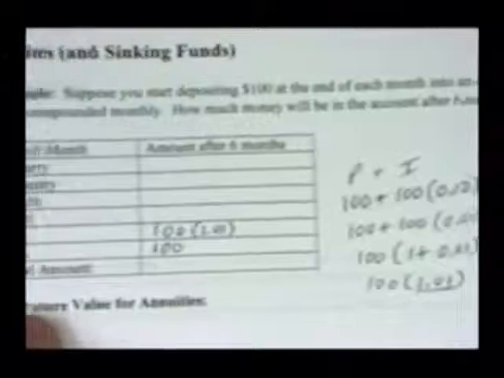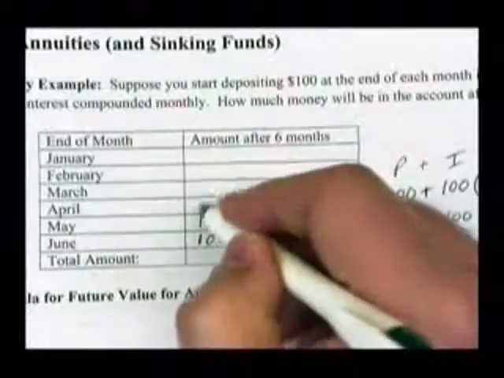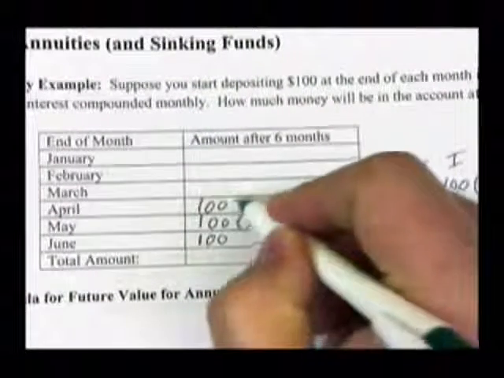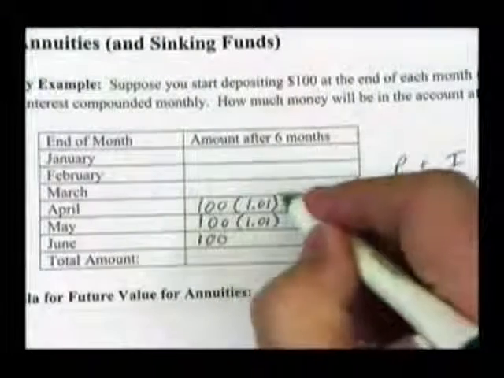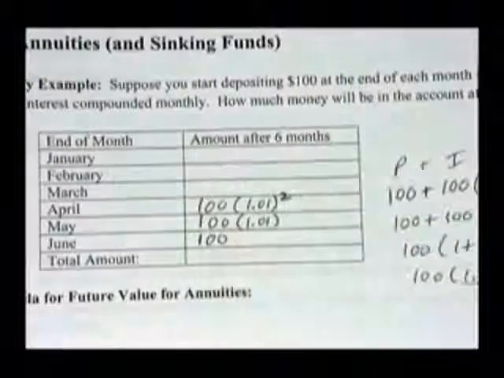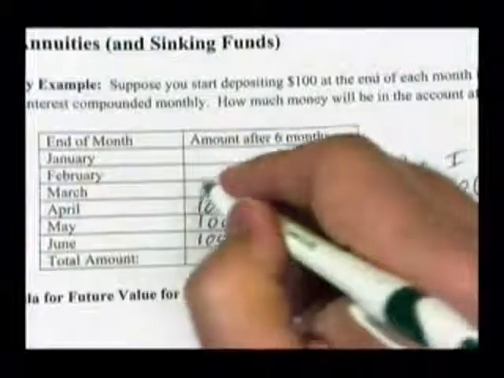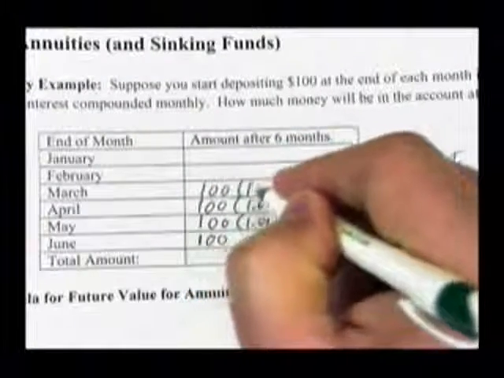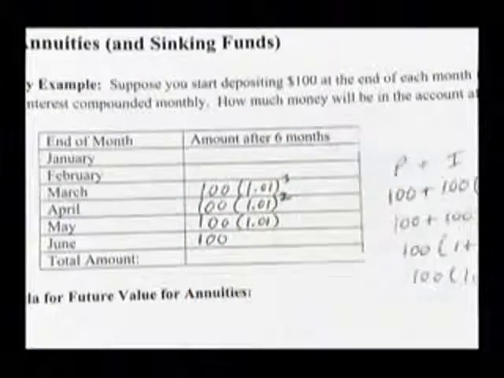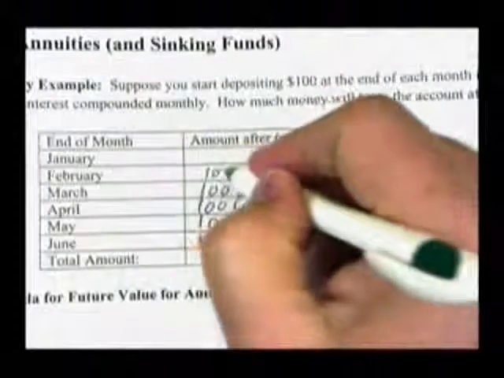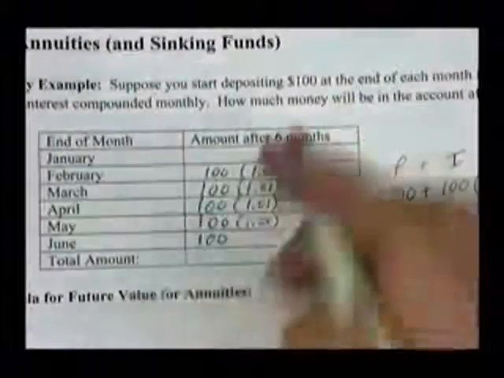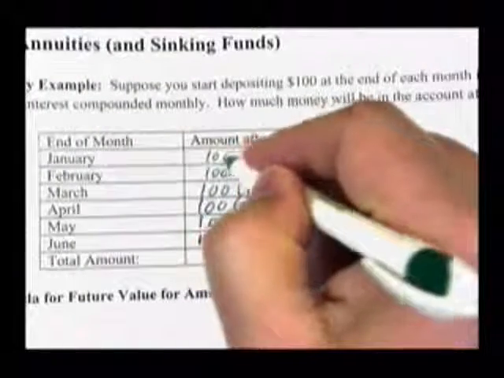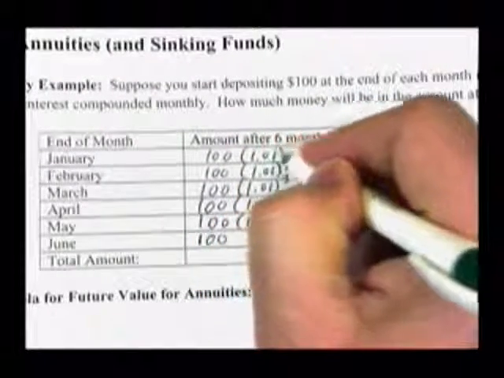The quick and easy way to do that is to say that I've got $100, it's accruing interest, and it's compounding now for 2 months. Then for March, it's going to be the same thing, but for 3 months. For February, for 4 months. For January, it's accruing for 5 months.